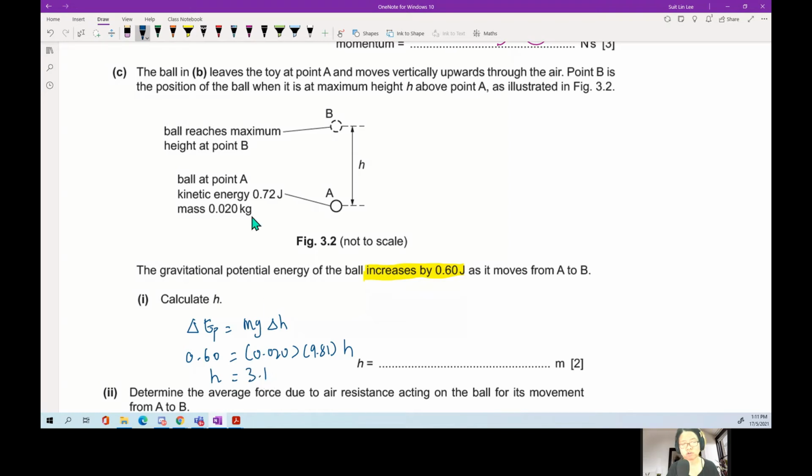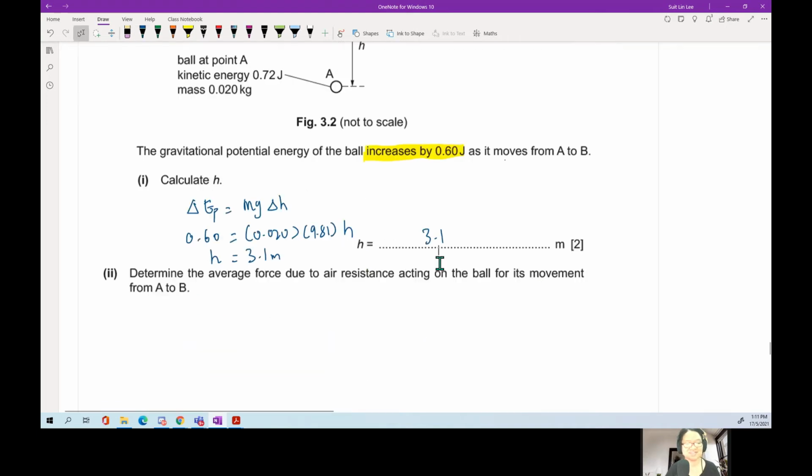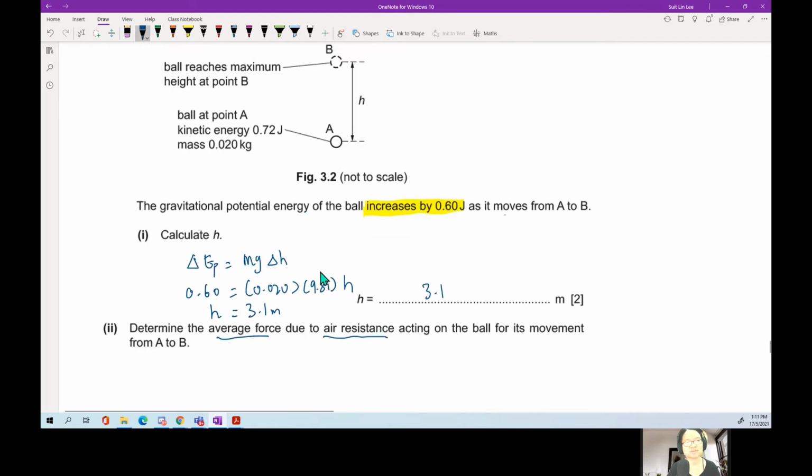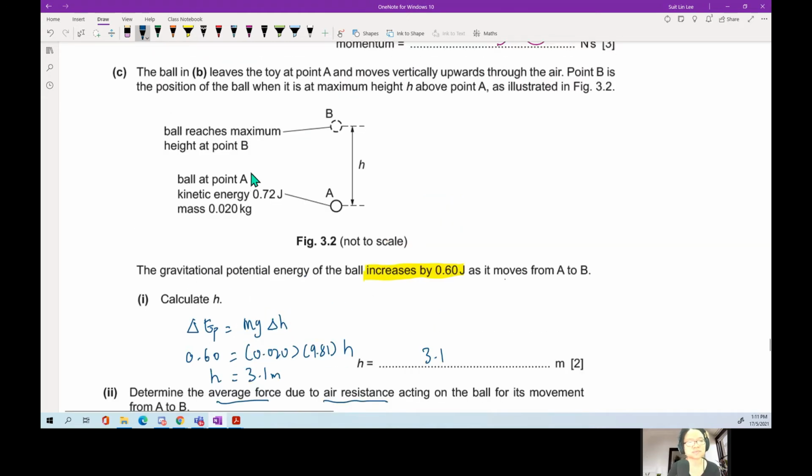Of course, you're going to ask me, Miss, where did the 0.12 joule go? Friction. Blame friction. It's always friction's fault. They even tell you average force due to air resistance. So if you think about it, you have 0.72 joule of kinetic energy here.